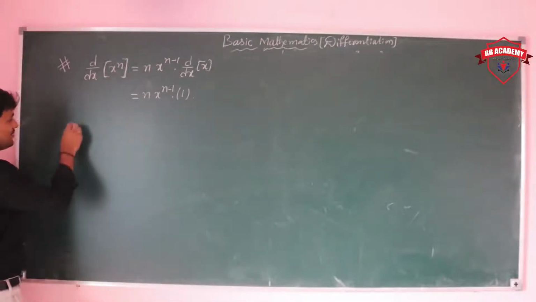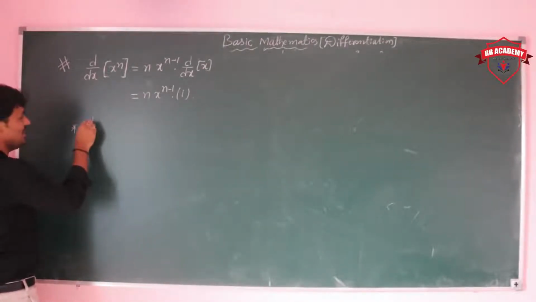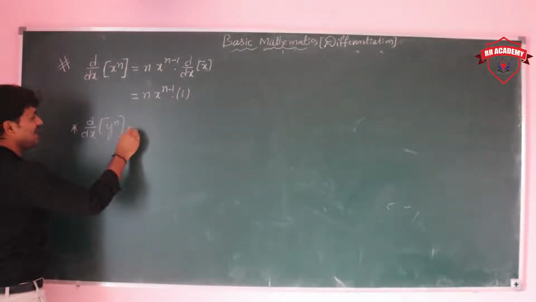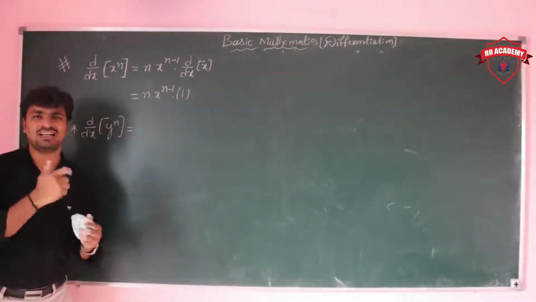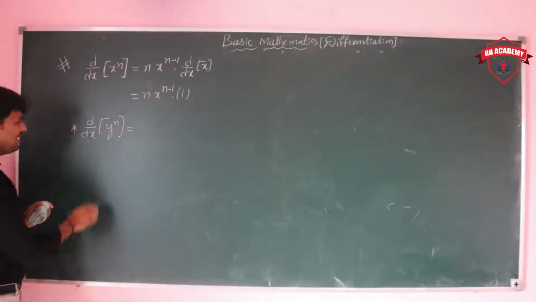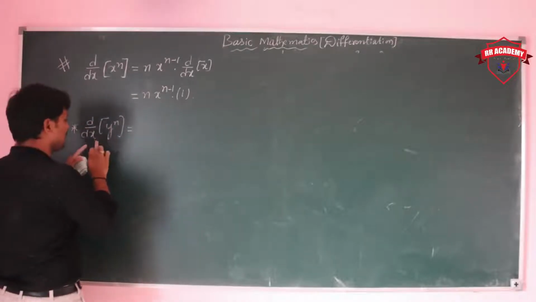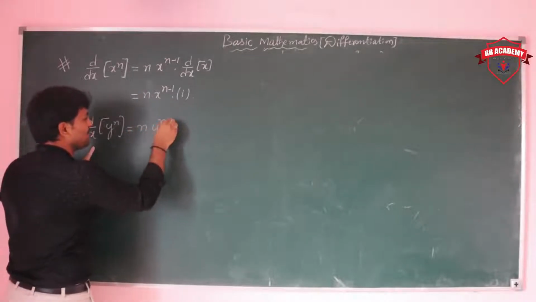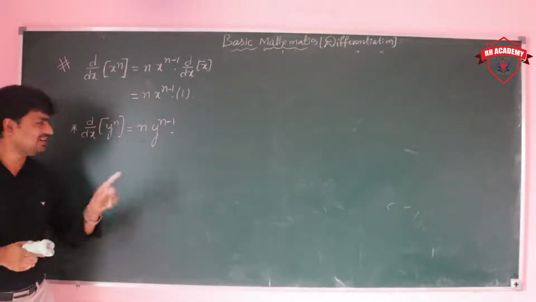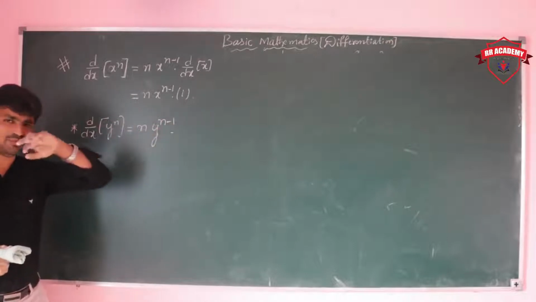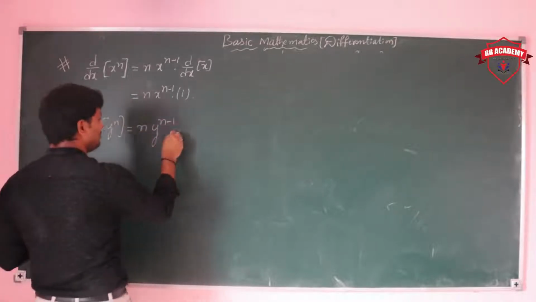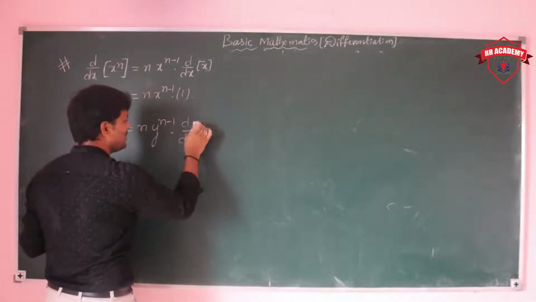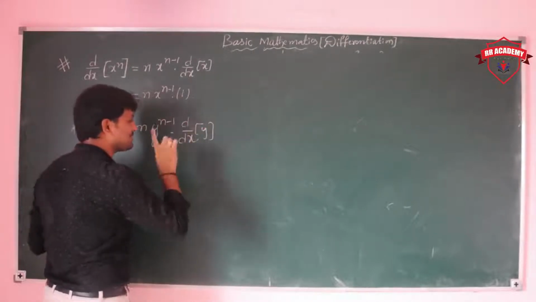In case we have different values, d by dx of y power n, then what is happening? Let's see here, d by dx of y power n, what we can write is n into y to the power of n minus 1 into dy upon dx. So that means differentiation of y with respect to x.